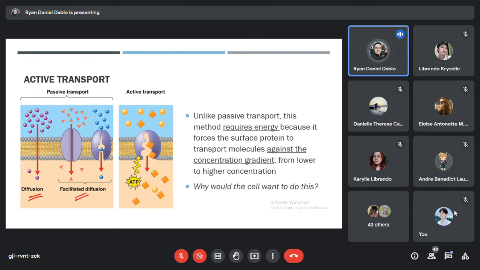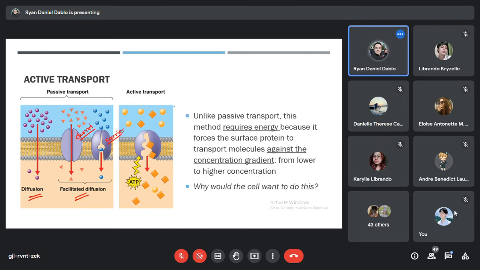So the triangular and the blue molecules are also moving towards a space of less concentration, but with the help of either a protein channel, which serves as a passageway, or a protein carrier, which sort of piggybacks the molecule so that it can cross. These are two examples of membrane proteins that assist the process, right?